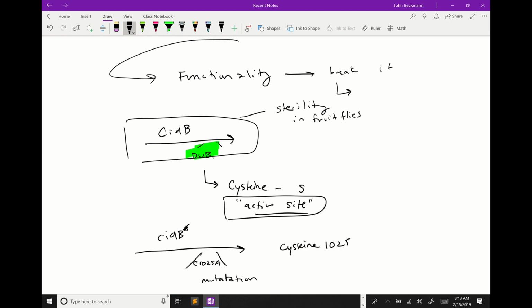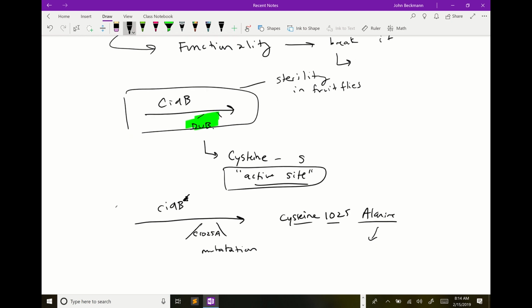Exactly. It means you took the cysteine that's normally at position 1025 upstream from the methionine 1, and we mutated it to an alanine. Remember how I told you in the first lecture, alanine is kind of like the vanilla inactive thing. So if we want to kill this enzyme, we make a mutant version of it, and the only thing that's different is a single amino acid that just inactivates the enzyme. It doesn't change the structure, it doesn't change the folding pattern, it just changes whether or not this thing can actually do its job.